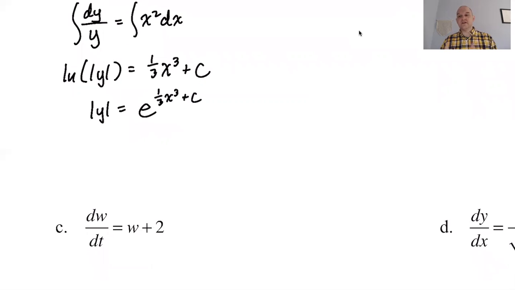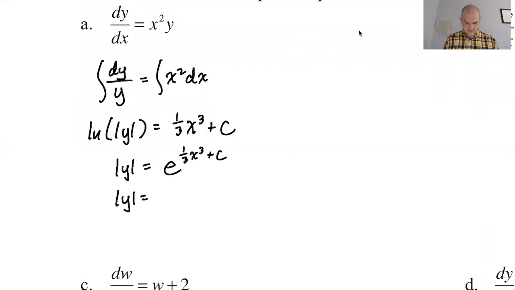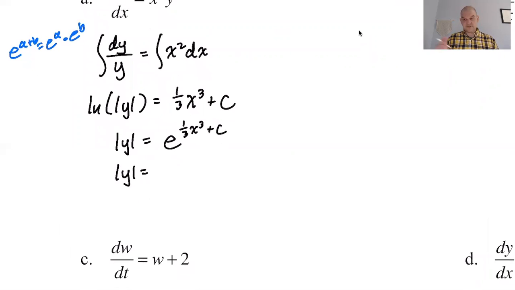The next step is another step that I will be skipping in the long run, but I'm going to do it this time. So the absolute value of y is, so when you have e to the a plus b, that's e to the a times e to the b, right? That's one of your properties of exponents. I'm going to use that on the right-hand side. So it's e to the c times e to the 1/3 x cubed.